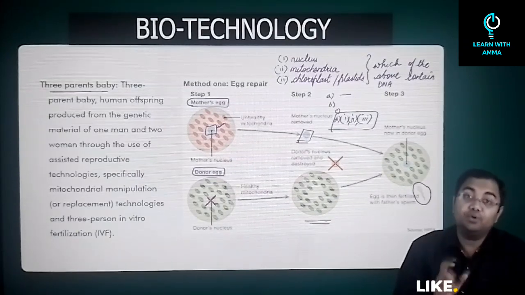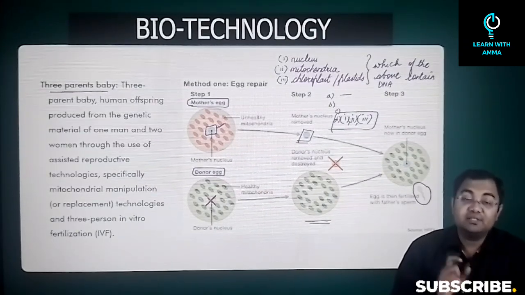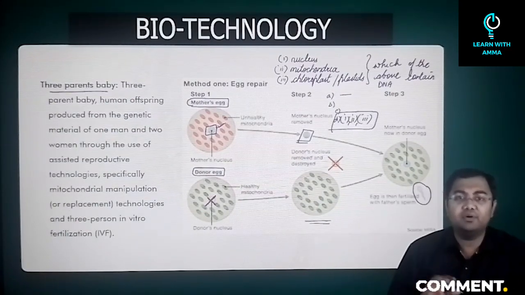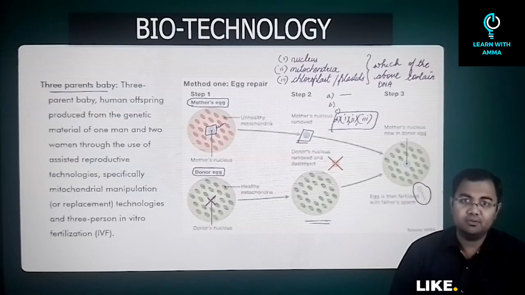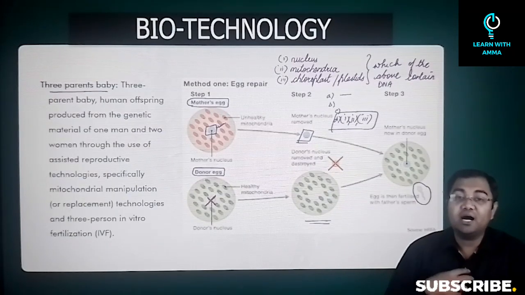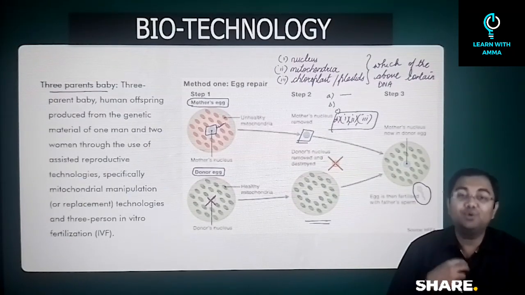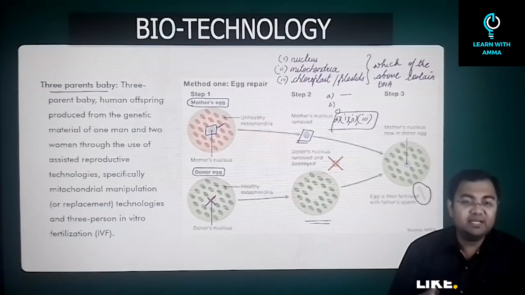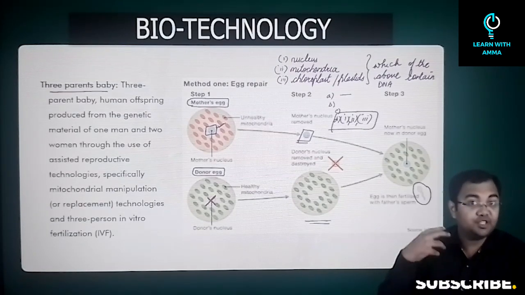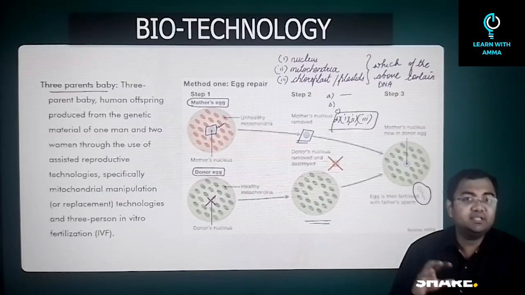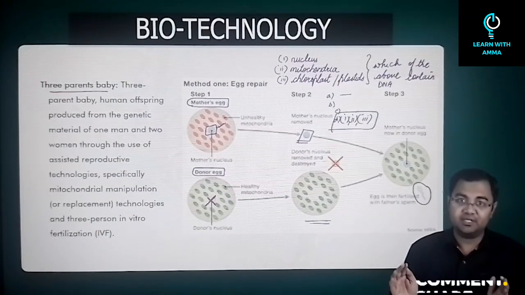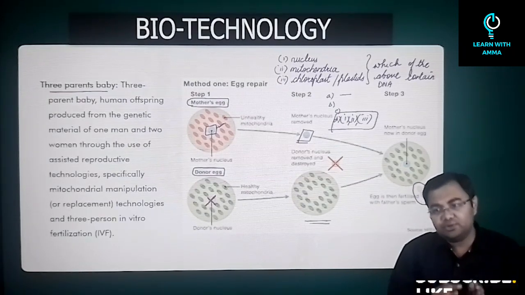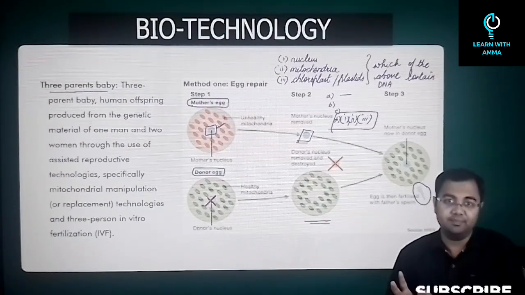What does the gene of a mitochondria have? The genes of mitochondria contain normal or general characteristics. What are general characteristics? How does the heart beat? How do I breathe? Correct? How do I walk? So walking, breathing, beating of the heart, response of the brain, these are things which are general in nature, correct? For every individual of a particular species, it's the same, right?